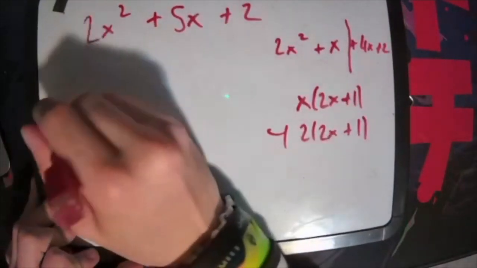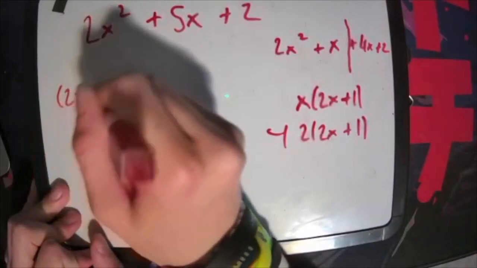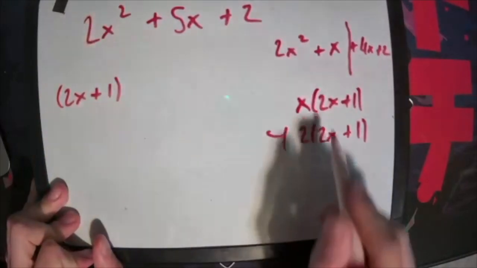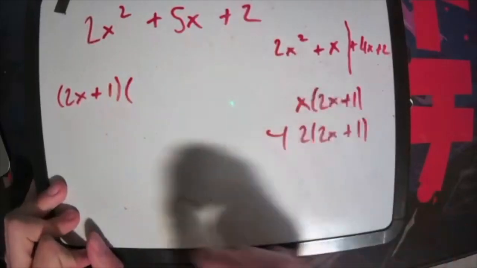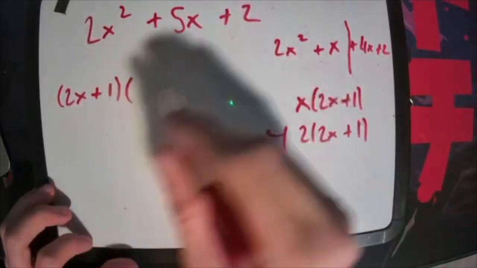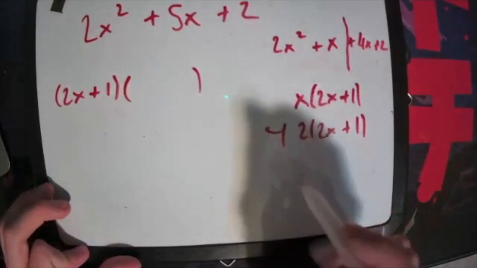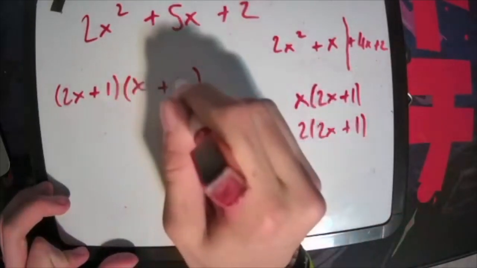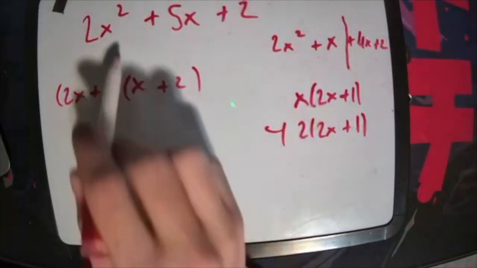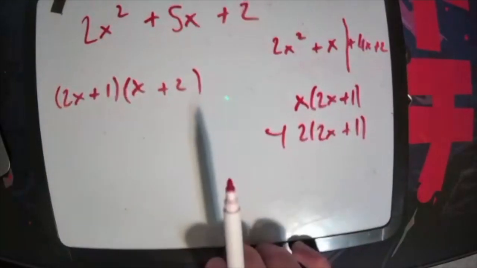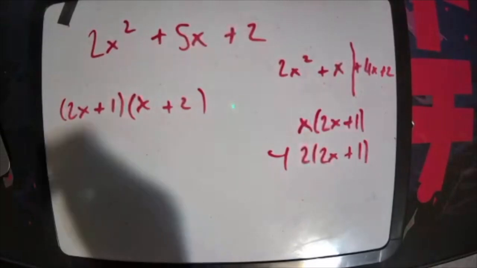So we have 2x plus 1, and the remaining terms, we add together inside of this set of parentheses: x plus 2. And this is our factored form of this trinomial, 2x squared plus 5x plus 2.